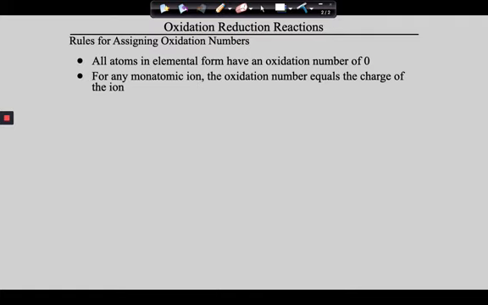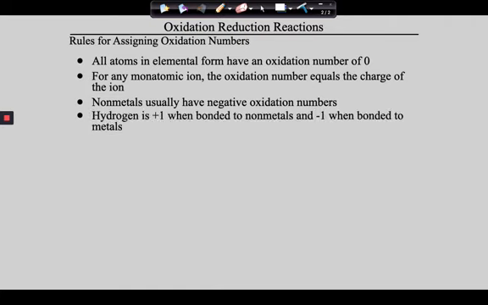I want to let you get these on paper, and then we'll talk about them. Then guys, rule number 3, nonmetals typically have negative oxidation numbers. Remember, they're electronegative and they like taking in electrons. Then guys, number 4, hydrogen can go either way.